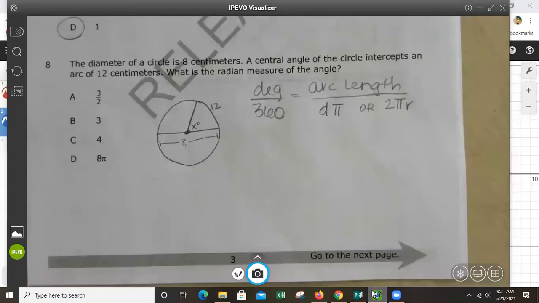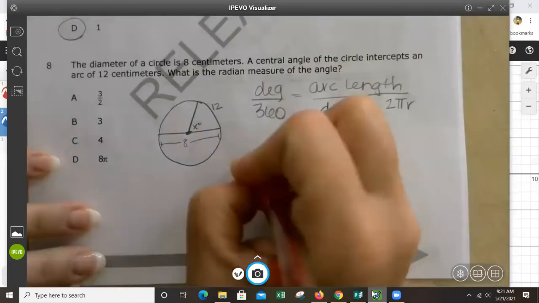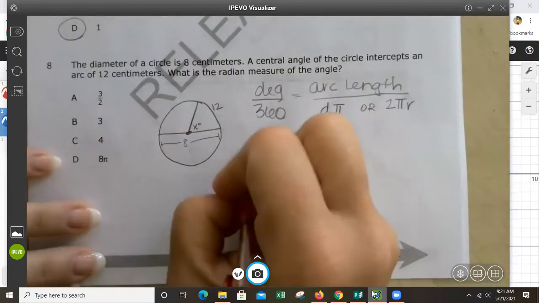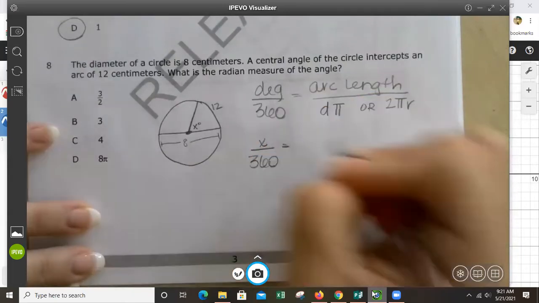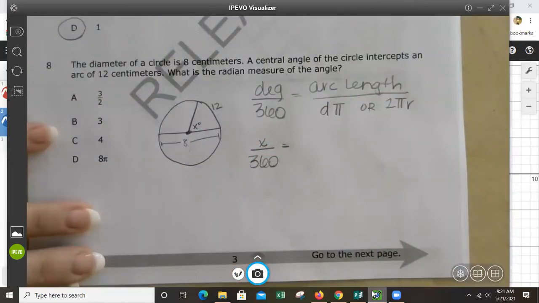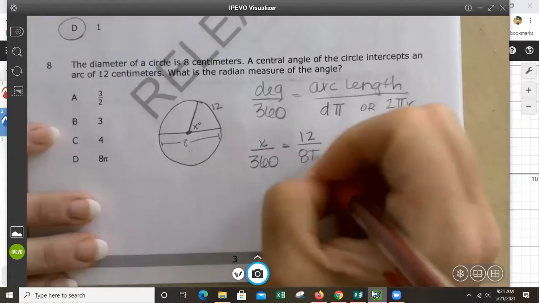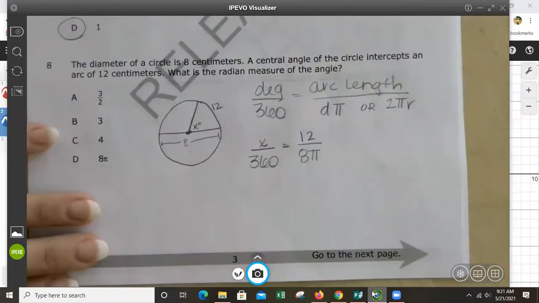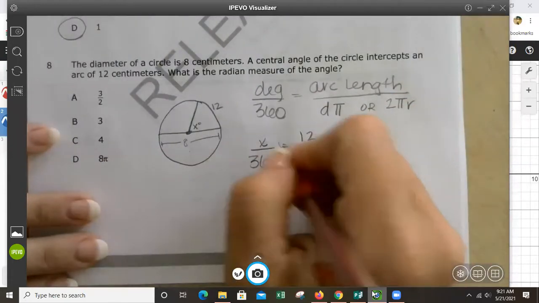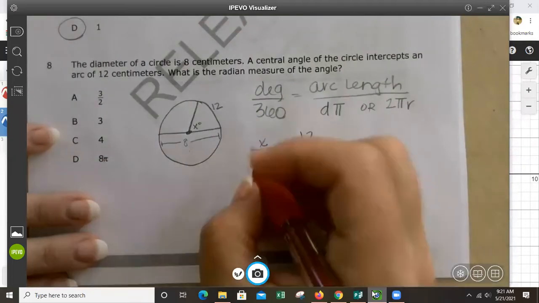On this one, I'm going to use diameter pi because I have the diameter. I don't know my degree. That's what I'm looking for. Over 360. What was our arc length? Part of the outside of the circle was 12. Our diameter was 8 pi. We're going to cross multiply. And again, I'm going to leave it in terms of pi.